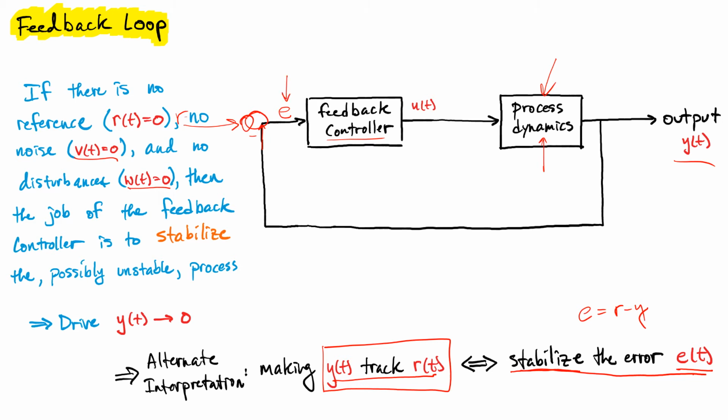And so now, if we get rid of that reference, then the thing that's being fed back here, that we're trying to stabilize, is just y. So that's why I said that in this context, we're just stabilizing y. But in the more general context, we're making y track r, and the way we do that is by stabilizing the error, e.